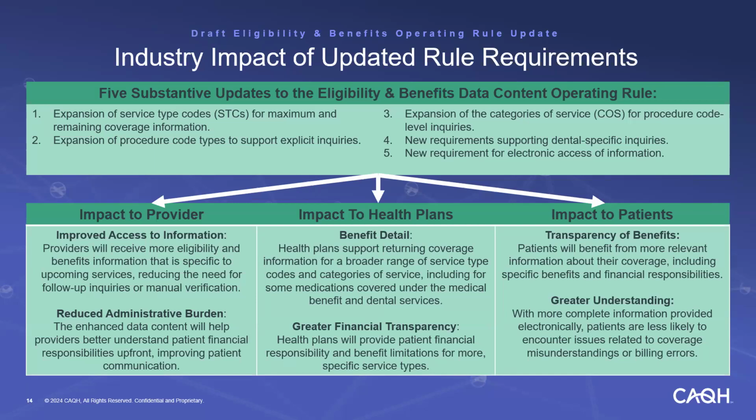The whole notion of expanding the current requirements. Another way to think about this is that some of the information that health plan call center representatives often provide to patients or providers who call, that information, or some portion of that information, will now be available on the eligibility and benefits transaction.